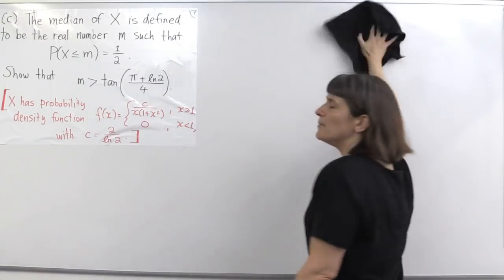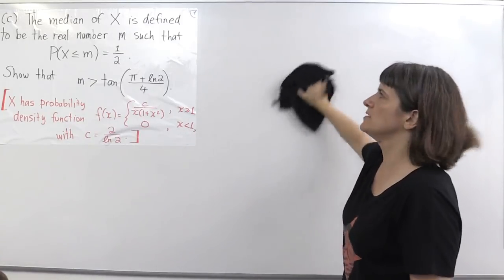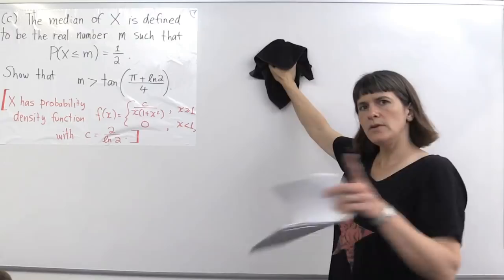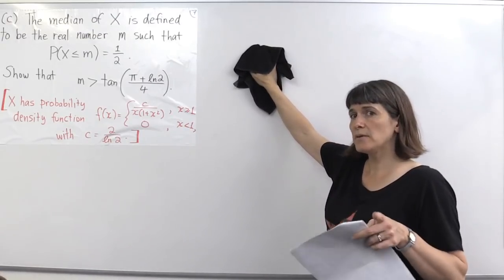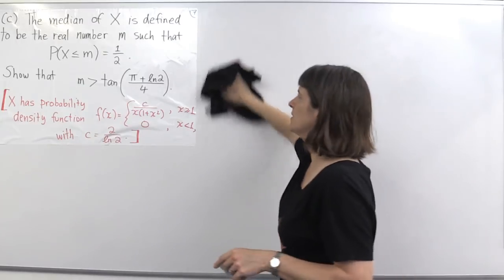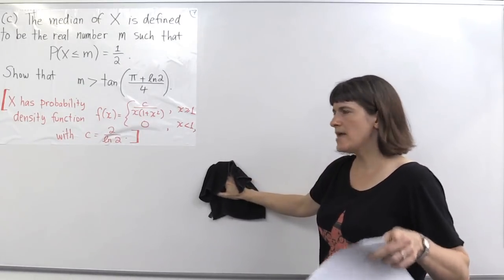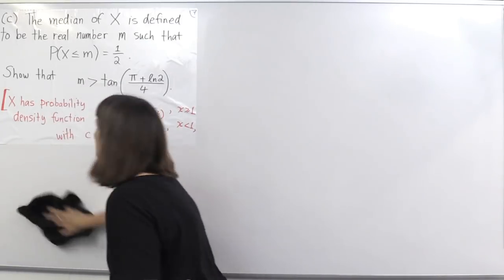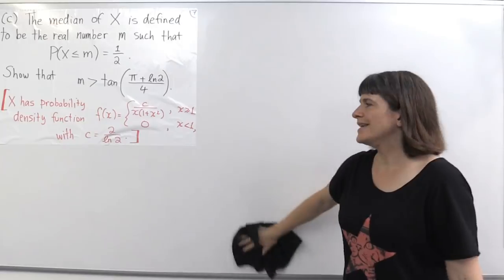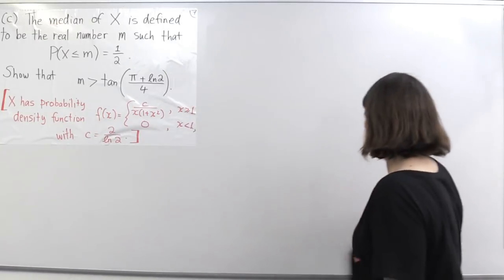Okay. So now we have to do something with the median, which is a little bit unusual, but we tell you here the definition of median. It's the real number m such that the probability that your random variable is less than or equal to m is exactly a half. So you're integrating the density from minus infinity up to m, and the value should be a half. Okay, that's the median. You're asked to prove that the median is strictly bigger than a particular value, right?